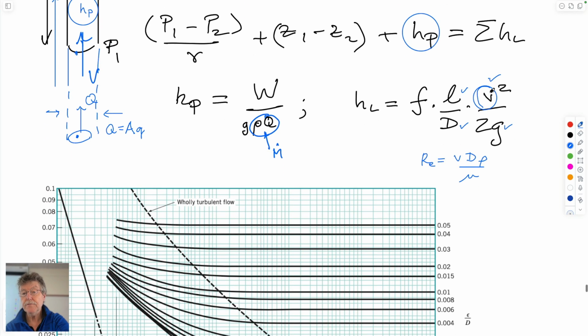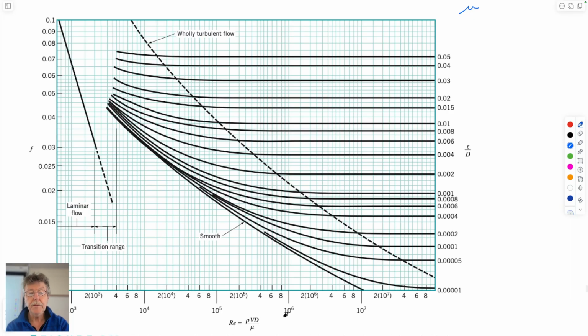If you know from this velocity here what the Reynolds number was, then you know from that Reynolds number some friction factor, which you'd get depending on how rough or smooth your pipe was. And if you know what that is, then you know exactly what your friction factor is.